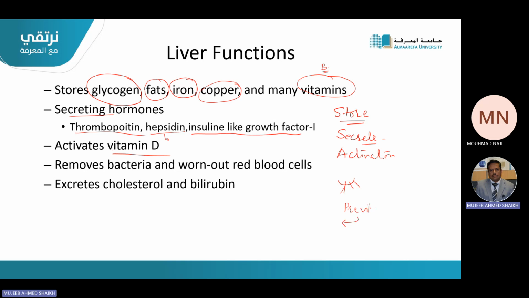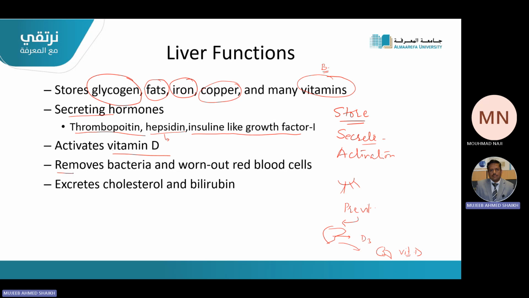Then it goes to the liver for a hydroxylation reaction. Then the inactive vitamin D3 is formed, and then it reaches the kidney, where the actual activated vitamin D is formed. So one step of the activation of vitamin D3 takes place in the liver.